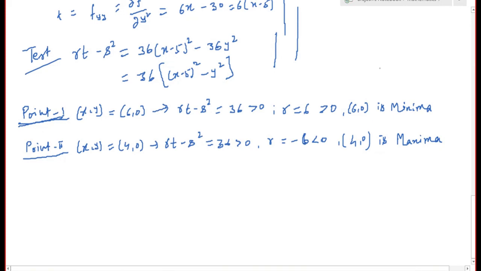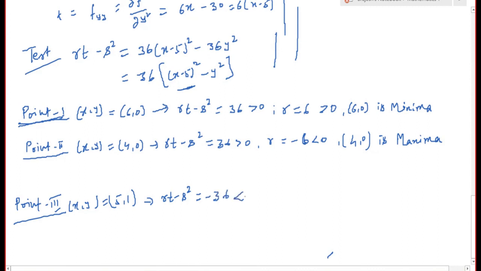In the same way, if we go for point 3, that is xy is equal to 5, 1. In that case, you get RT minus S square: you put 5 here, so x minus 5 square is 0, and it is 1, so minus 1, it is going to be minus 36. So minus 36, which is less than 0.